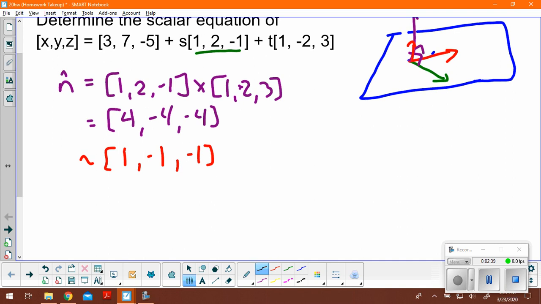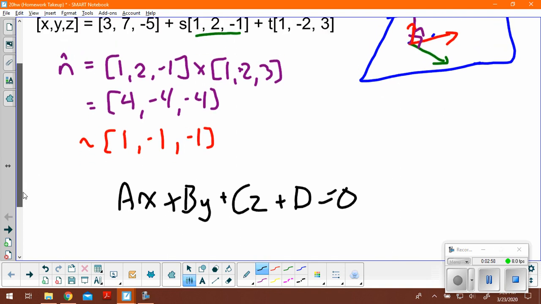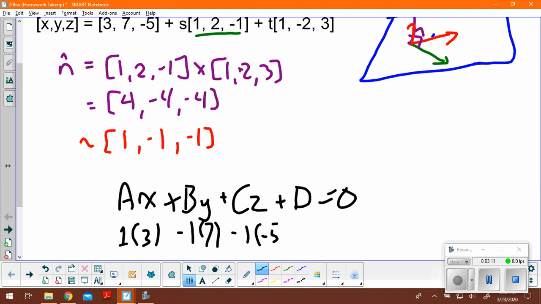My form of the scalar equation is AX plus BY plus CZ plus D is equal to 0. I fill in my normal, so I have a 1 and a negative 1 and a negative 1, and I fill in my point, 3, 7, and negative 5, plus D is equal to 0.